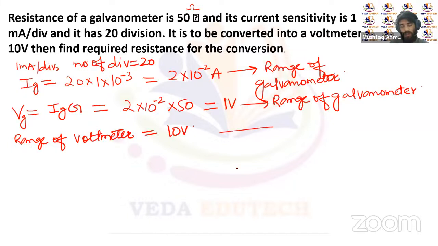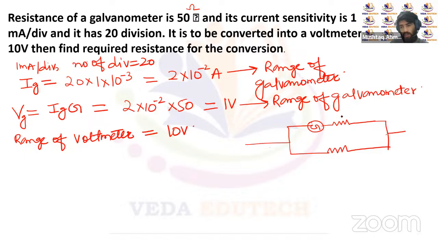For conversion, we have a situation like this. Let's suppose this is the galvanometer here, right? And in series with this galvanometer, we apply a resistance. And this is the external load resistor R, across which we have to measure the potential difference.